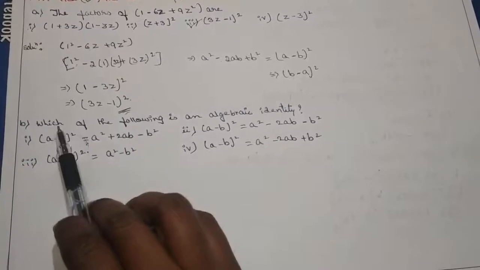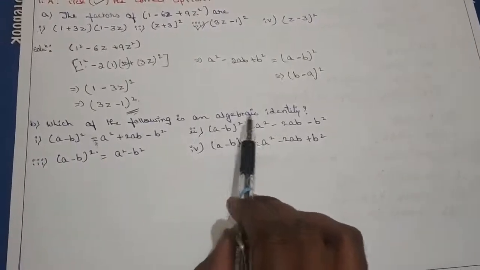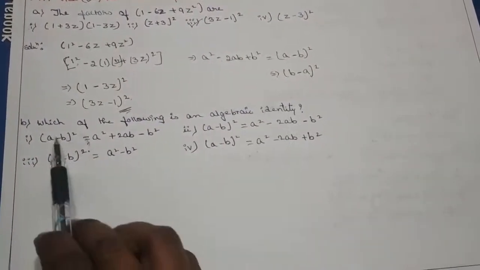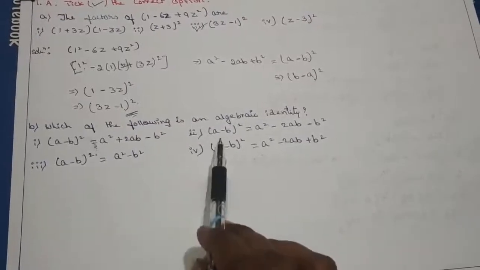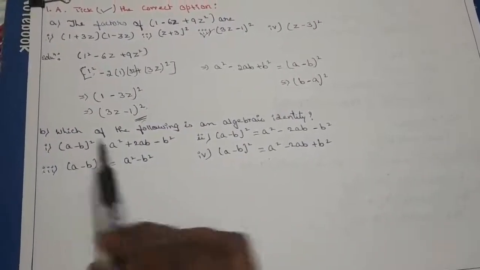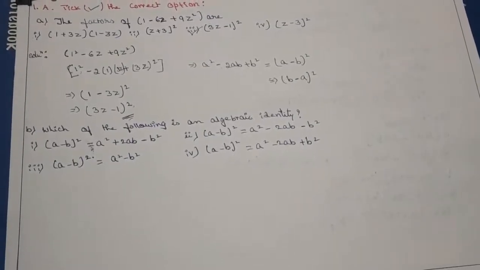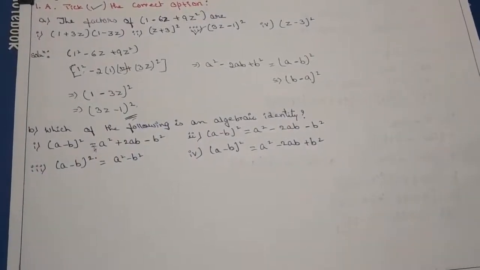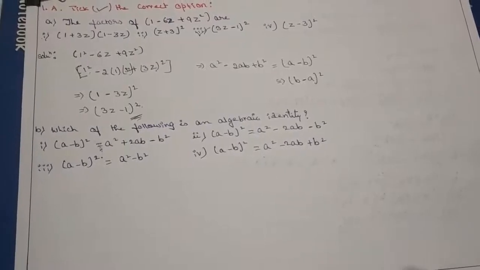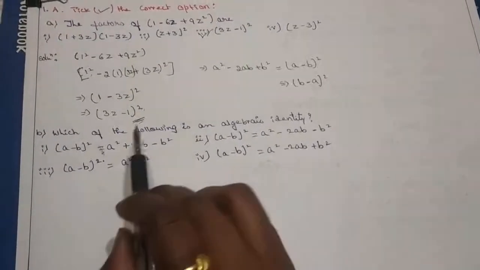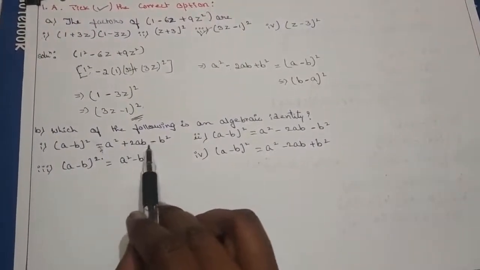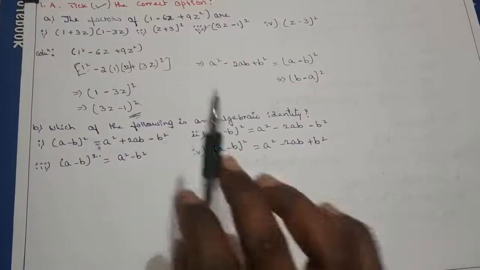So B question, which of the following is an algebraic identity? On the left hand side we have a minus b whole square. We know that a minus b whole square is nothing but a square minus 2ab plus b square. Means the minus comes near 2ab. So here a square plus 2ab minus b square, no, this is not the correct option.